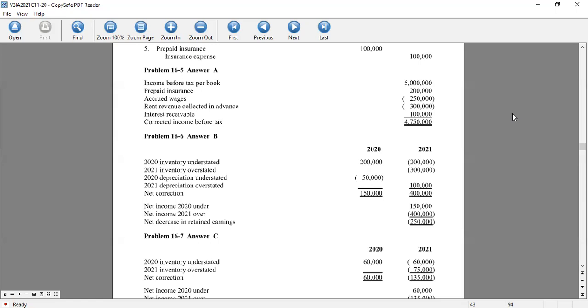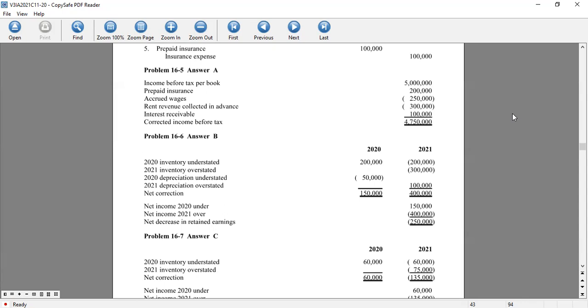And then we have rent revenue collected in advance for 300,000. And we have interest receivable for 100,000. Now, some of this increase income, some decrease income. So corrected income before tax is letter A.